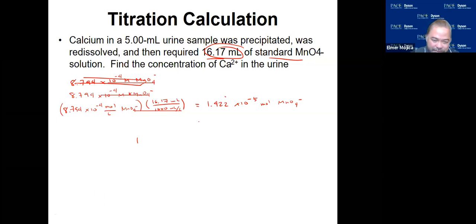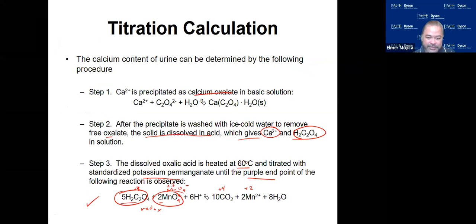So we go back to the reactions that we have here. We're only on this one. So from here, we will take this one, which is equivalent to that one. And once we take that one, that is also equivalent to your calcium.